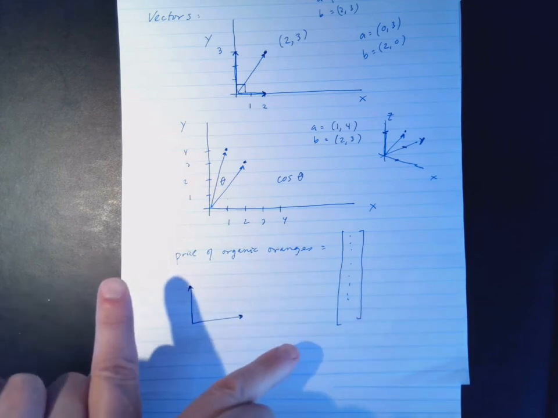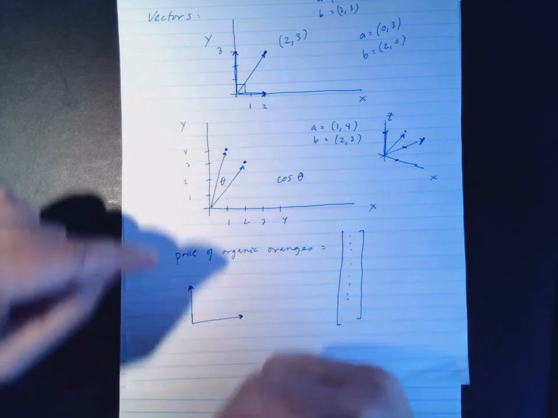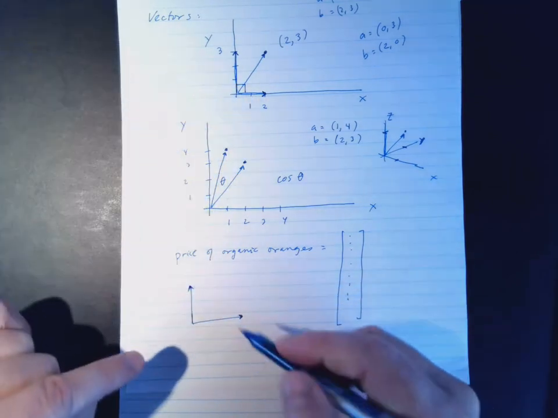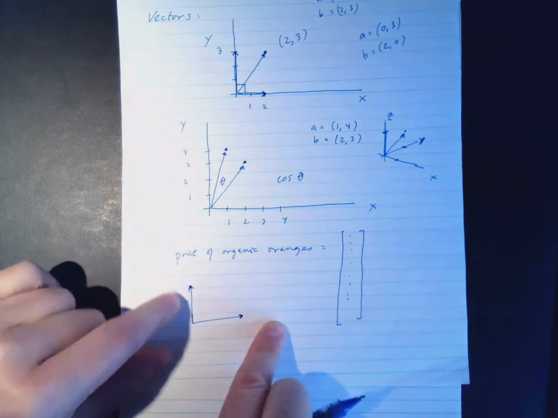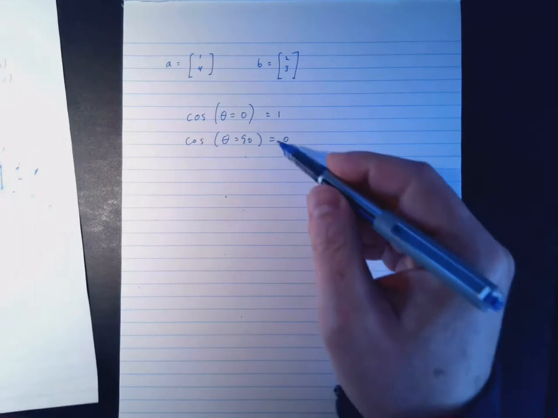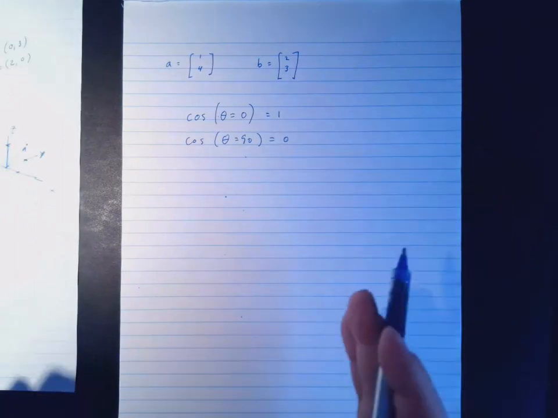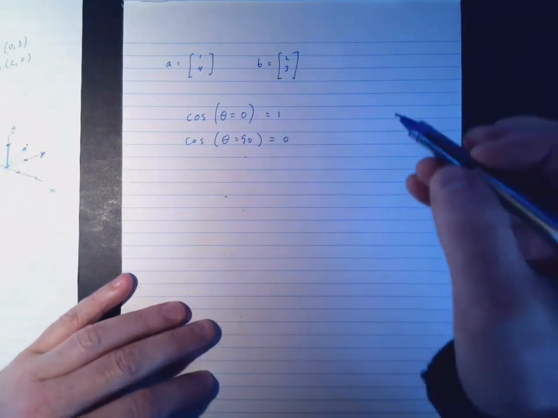So they'd be pointing not in opposite directions, but one pointing one way and one pointing at right angles away from it. And that's what it means for two vectors to be uncorrelated.